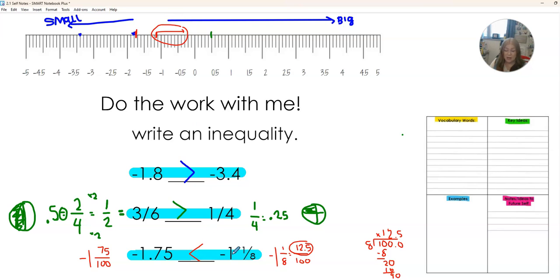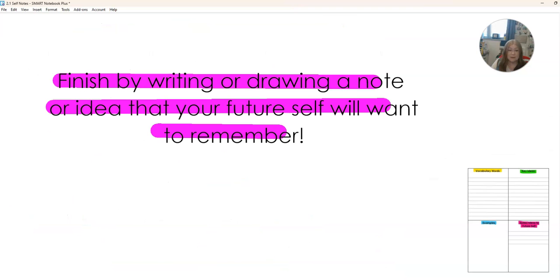So negative 1 and 1/8 is greater than negative 1.75, or I can read it forward. Negative 1.75 is less than negative 1 and 1/8. So using a number line, using common denominators, changing them to decimals, drawing a picture, those are all the strategies we have that we can use to compare those rational numbers.